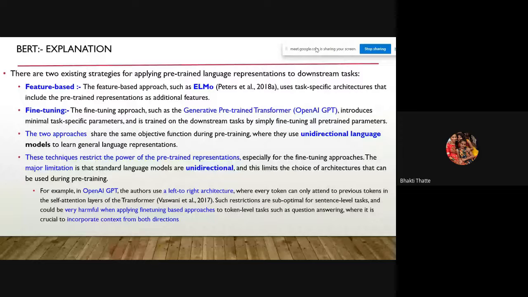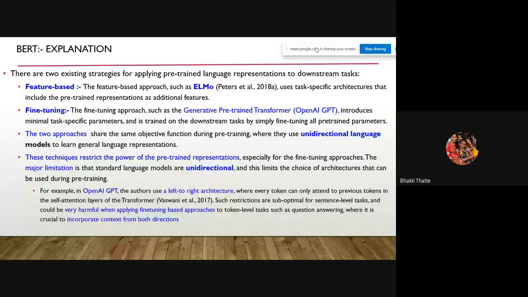For example, GPT is a unidirectional model and uses a left-to-right architecture. Every token only attends to previous tokens through the self-attention layer, which can be harmful for tasks like question answering, where the context of the entire sentence is needed from both directions. There this model fails.